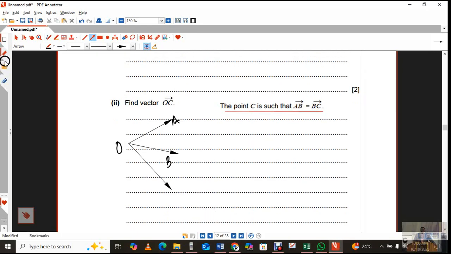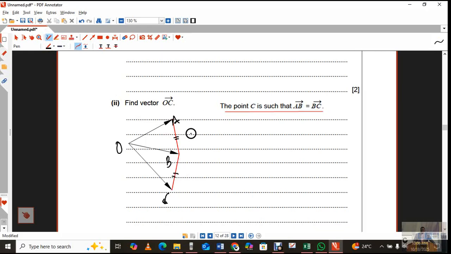They said point C is such that AB is equal to BC. So the distance from here and the distance from there are equal. All right. This distance is equal to the distance.